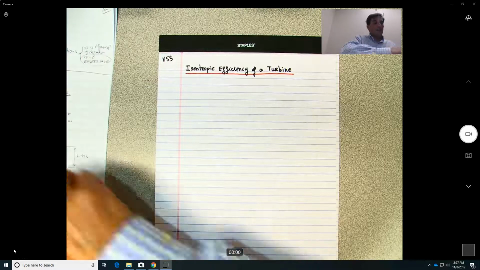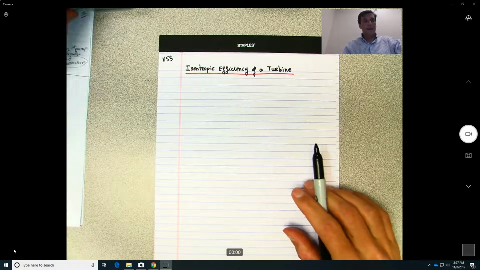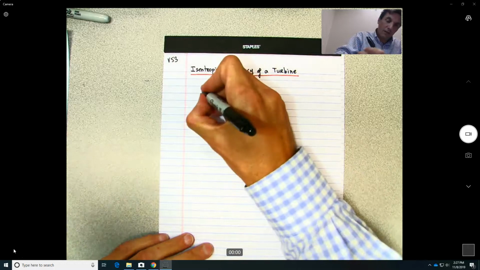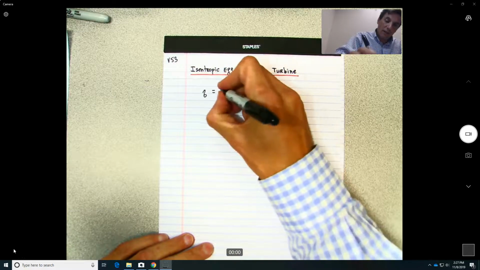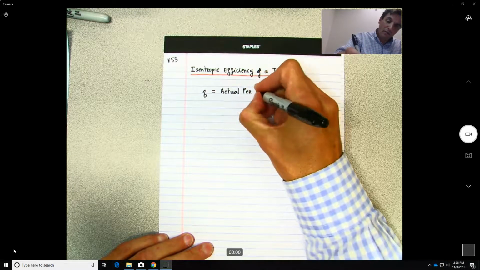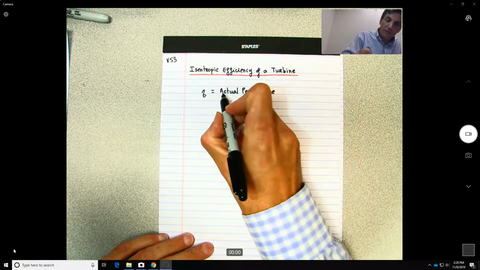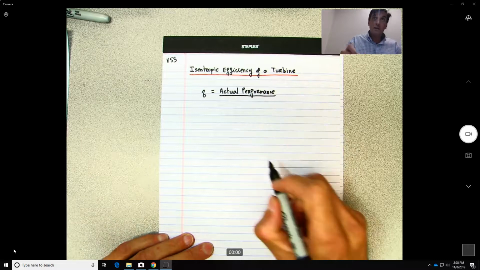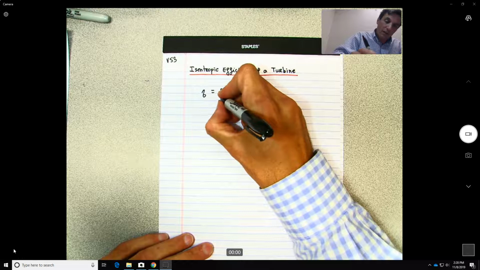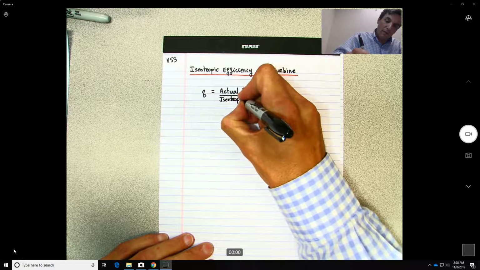Okay. But basically the efficiency in general is defined as the actual performance divided by the isentropic performance.